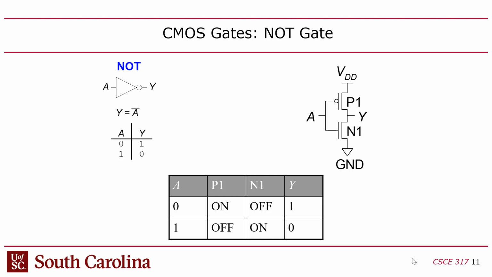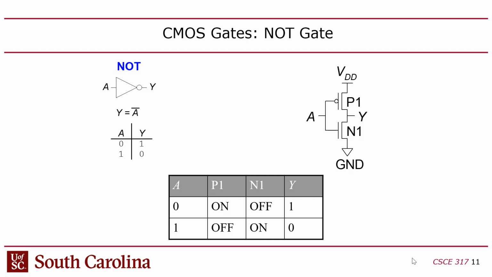The problem though is that in reality, Y is not going to be sitting there connected to nothing. It's going to be driving something. And usually what's it connected to? It's connected to other logic gates, because that's how chips are made. It's a bunch of gates all connected to one another. Outputs of gates are connected to the inputs of other gates. What are the inputs to the other gates? They're the gates of transistors, right?